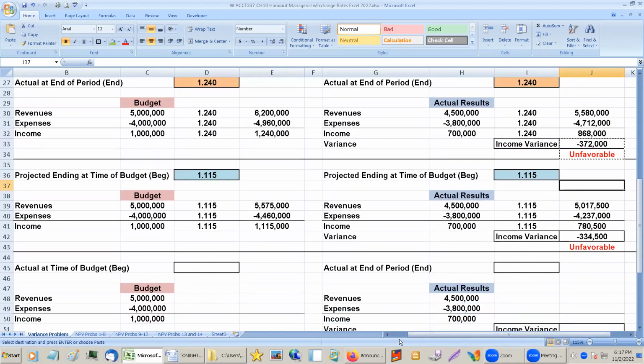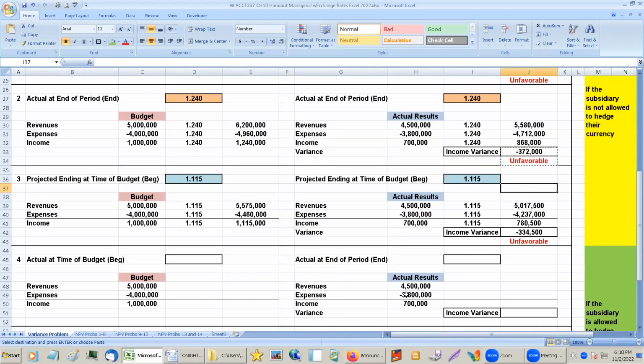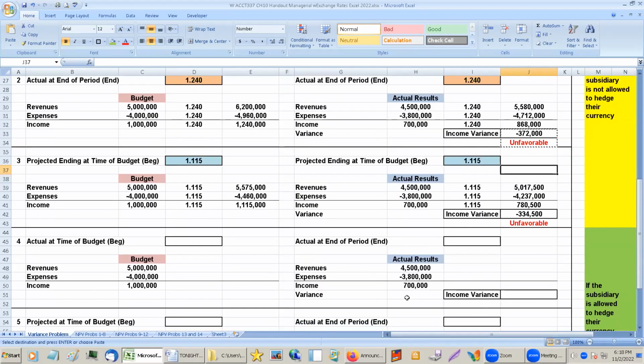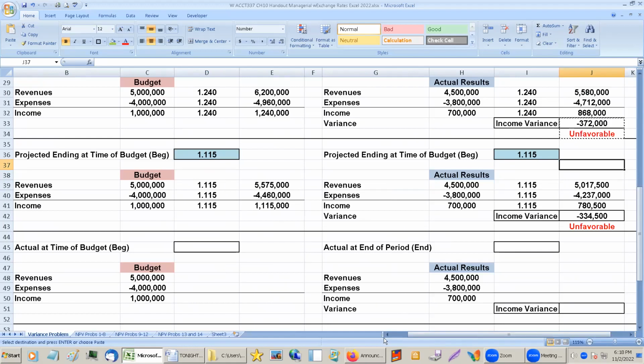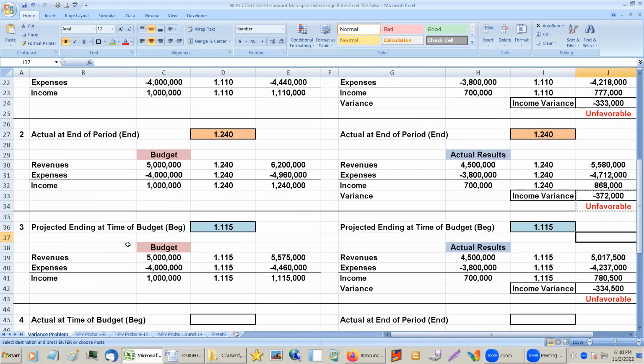So let's move on to number 4. I know why this looks funny. Okay, number 4. Actual at the time of budget.